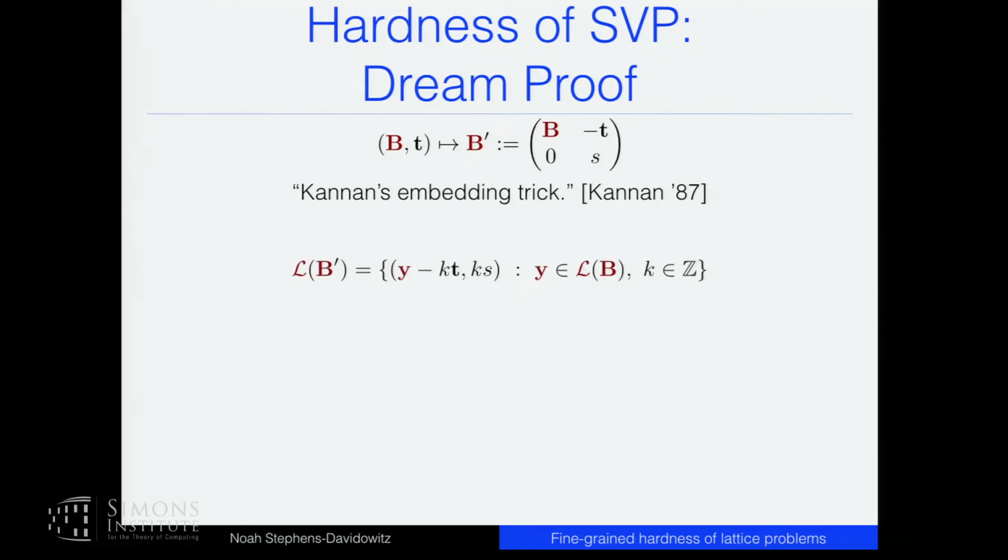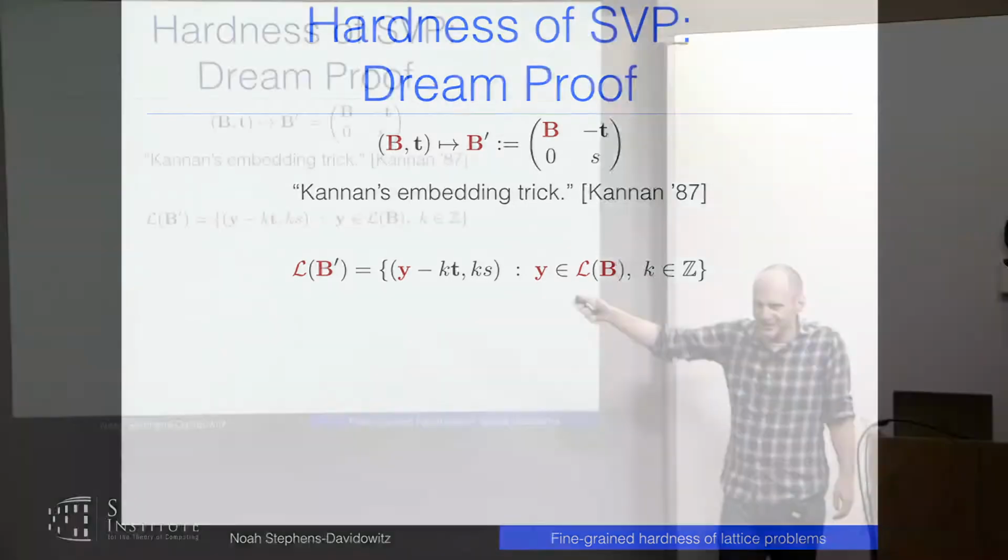And we can look at this and see what it does. So we can look at the lattice generated by this basis B prime, and its vectors look like this. It has first n coordinates and a last coordinate. The first n coordinates look like a lattice vector minus k times the target, and the last coordinate is k times s, right?